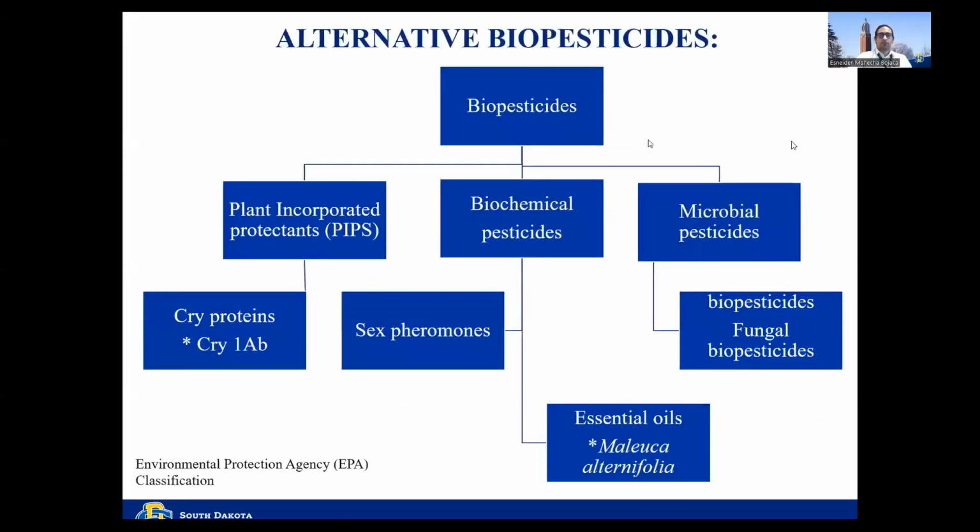To mitigate that, some alternatives are biopesticides. Biopesticides are classified by the Environmental Protection Agency in three ways. In this study, we are talking about essential oils, which are classified as biochemical pesticides. One example is Melaleuca alternifolia, the tea tree, which is used as a biofungicide.